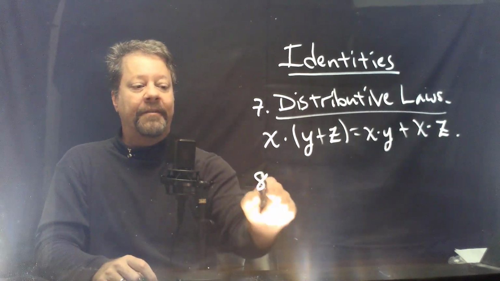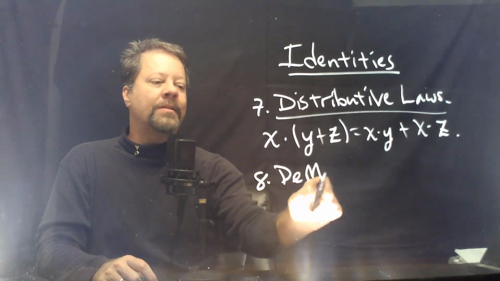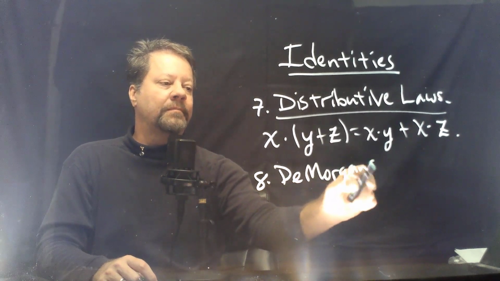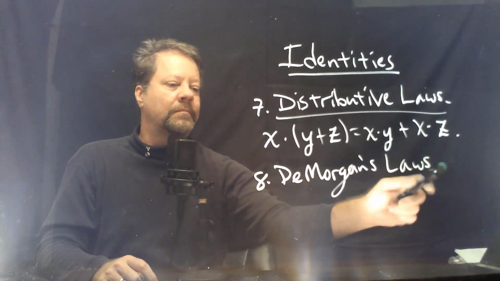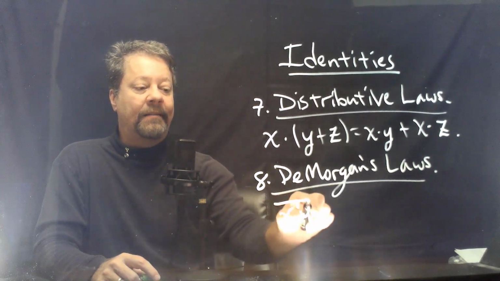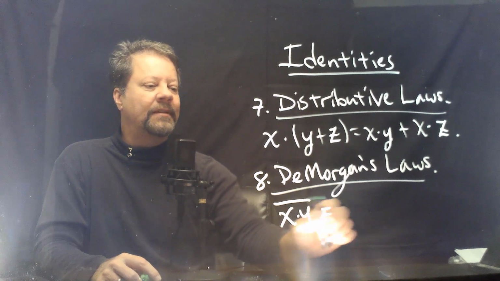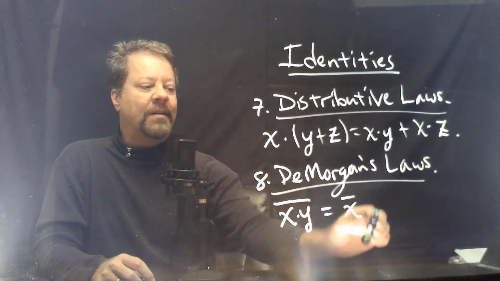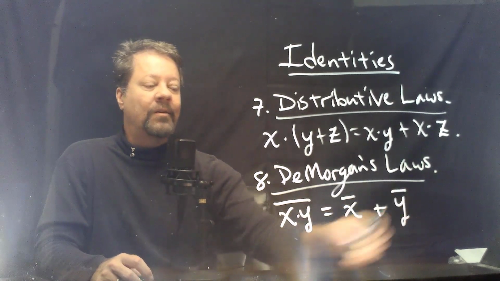We also have De Morgan's laws. What if we have x times y complement? That'll be x complement plus y complement.